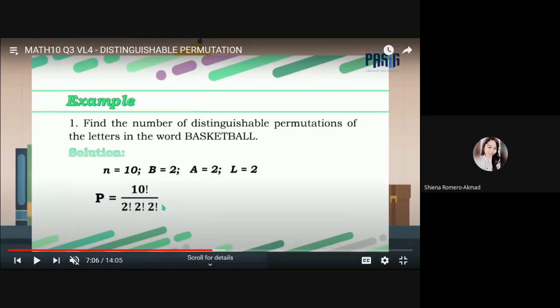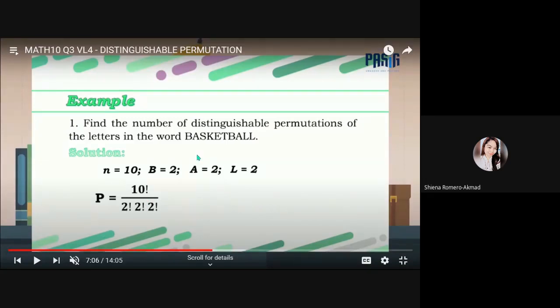We do it like this, but ang tamang paraan ng pag-solve nito is that dapat yung nasa denominator mo, pag inadd mo sila, dapat 10 ang kalalabasan. Remember na ang nauulit dito yung B, yung A, yung L, which are 2 each. Then the rest, isa na lang sila. The right way of solving this is that you write 10 factorial sa numerator.